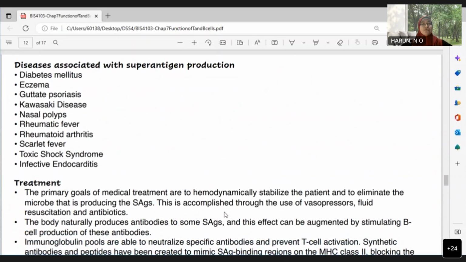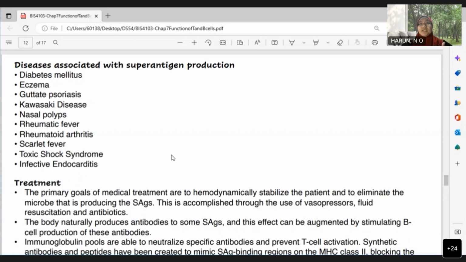Diseases that are associated with superantigen production, for example, are diabetes mellitus, or kencing manis. This one is very hard to cure 100%, but it can be reduced by practicing a healthy lifestyle.